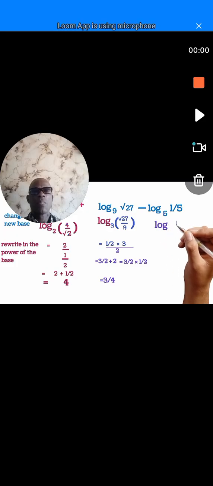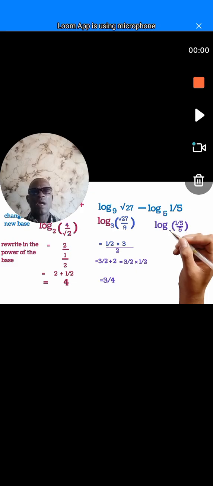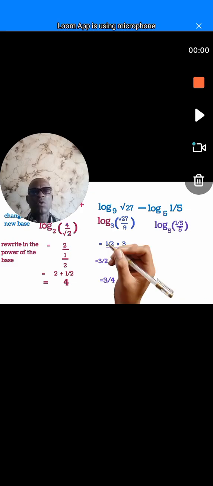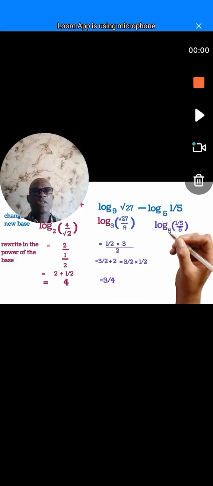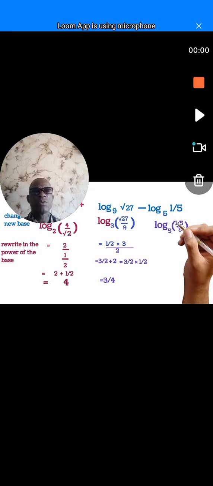Now the other one, which is already in base 5, we just want to use it to change. Normally it will be the same thing. It's going to be log 1 over 5 in base 5, all in base 5. So what is the power of 5 to get 1 over 5?